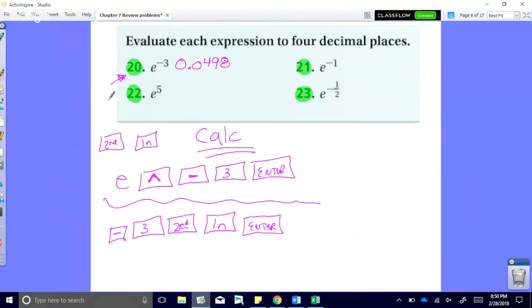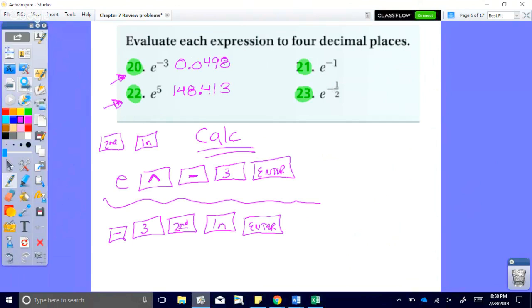Okay, same type of thing. Okay, I'll do one more just so you can check. E to the 5th is going to be 148.413. Okay, so the book has the answers to 21 and 23 if you want to go try them. But again, these problems here are all calculator problems.